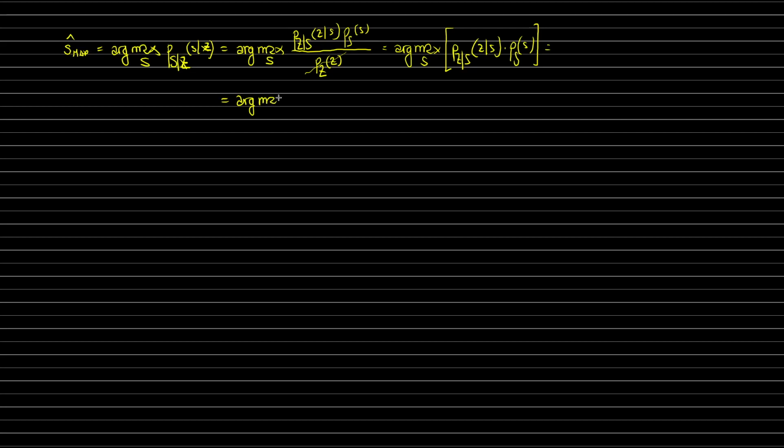First of all, we can just replace the vector x by the sequence of observations times P_S of S. You can notice that the only difference with respect to the maximum likelihood is that we have an extra factor here, which is the prior distribution of the parameter to estimate, but we can do the same, and we can also apply the logarithm.